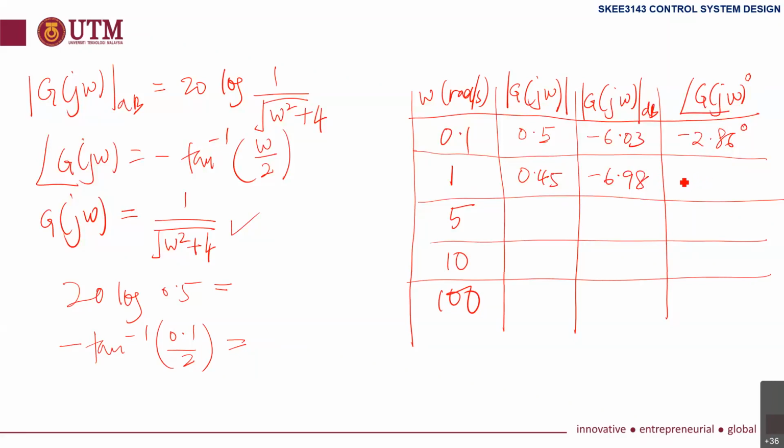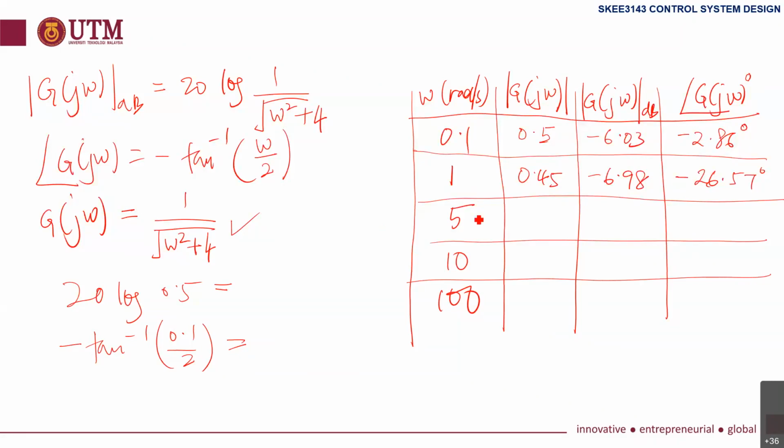Here minus tangent inverse 1 half, 0.5. Negative 26.57 degrees. Okay.